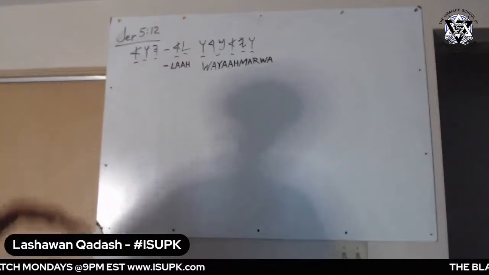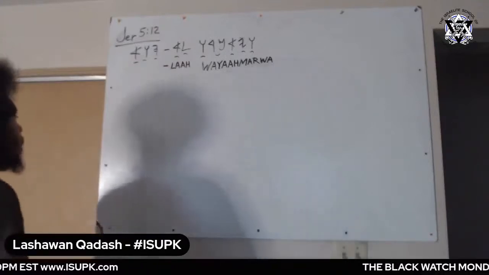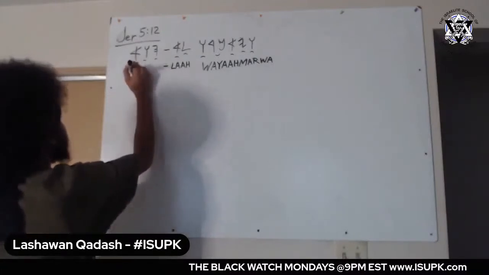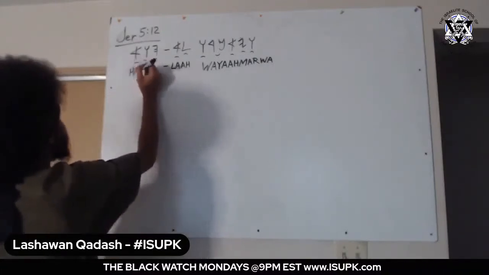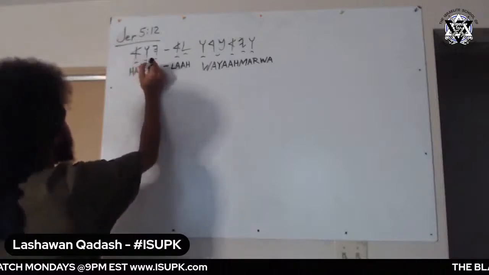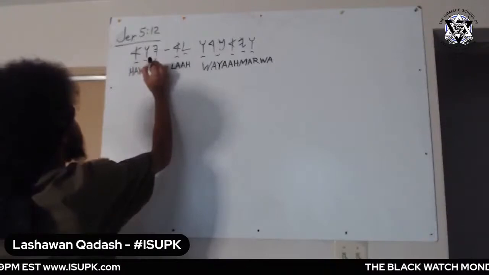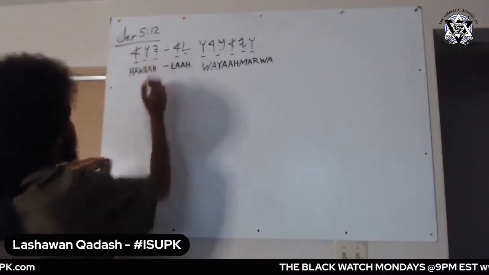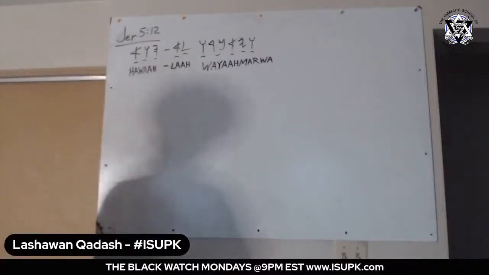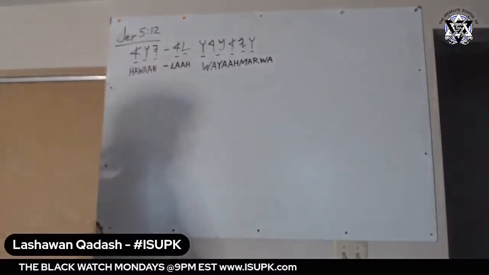That dash kind of separates it. But otherwise, keep it moving. The ha is HA by itself. The wa is by itself, and so is the last one. How you pronounce that is hawa'a, hawa'a. That's how you pronounce that.